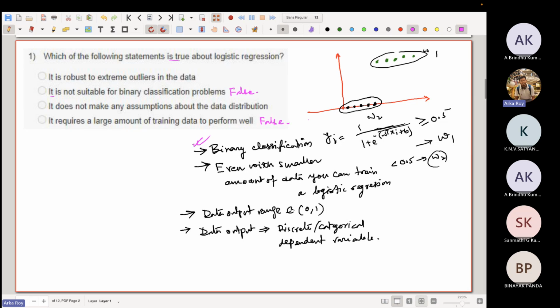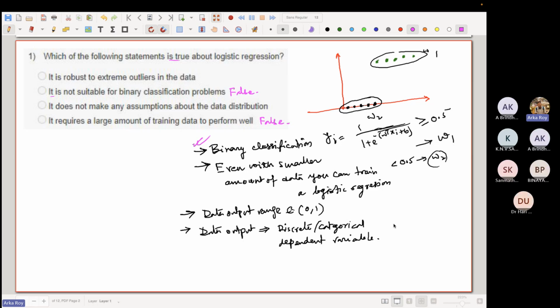It is false because we have already seen that if the data is by and large linearly separable, then it is very easy to classify using logistic regression. You just have to put the value in the sigmoid function, and then you have a decision rule.